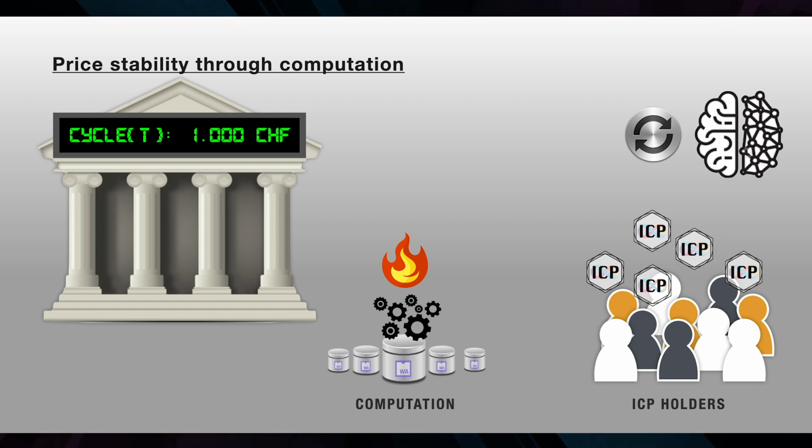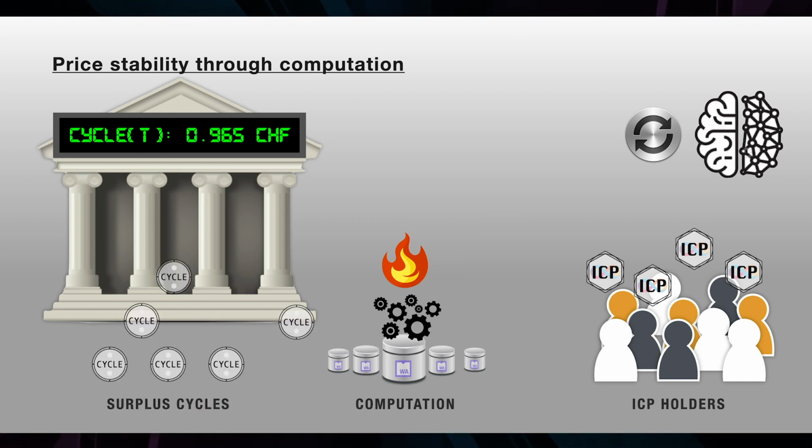The value of cycles stays stable for 2 reasons. Firstly, the network nervous system creates a firm ceiling on their price because it will always create 1 trillion in exchange for approximately 1 Swiss francs worth of ICP.